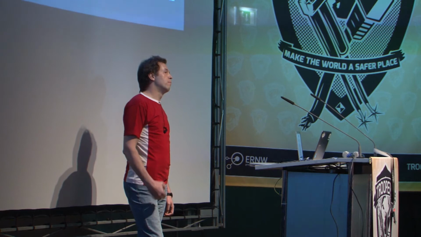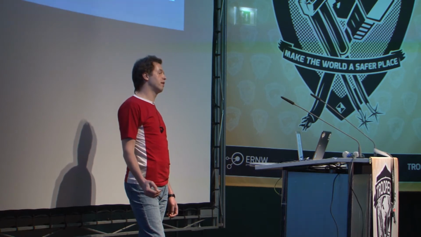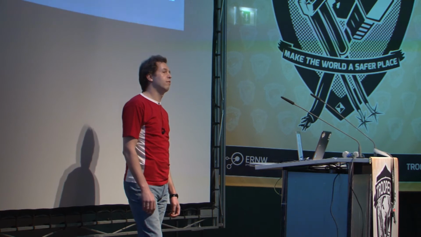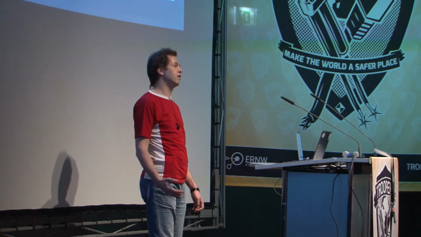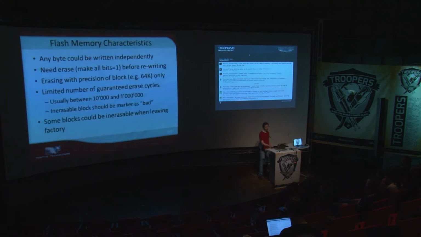Modern technologies say that data stored in flash memory can be readable for at least 10 years, and some samples allow you to read data up to 100 years after it was written. And a few words about the theory: what are the properties of flash, and how does it actually work?